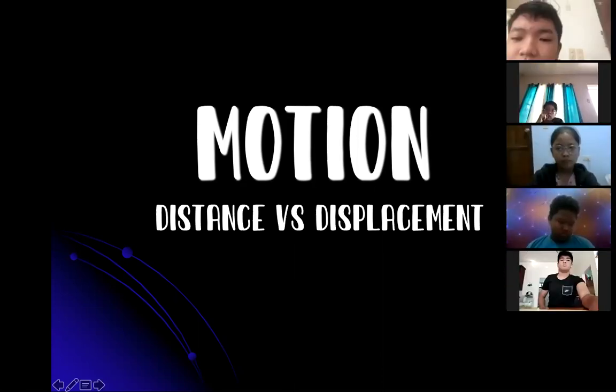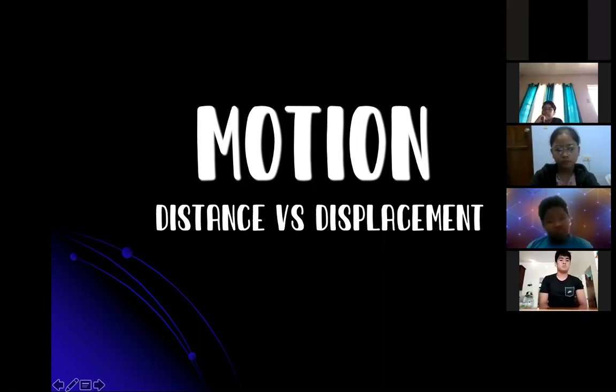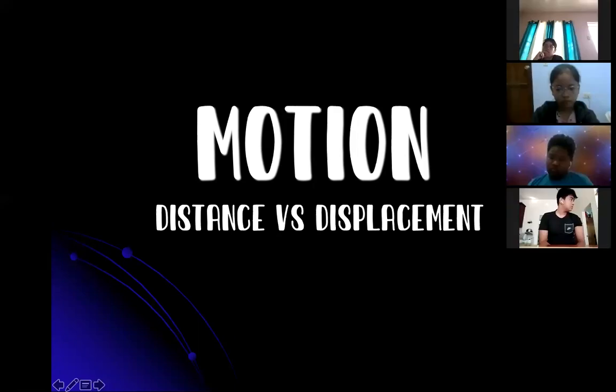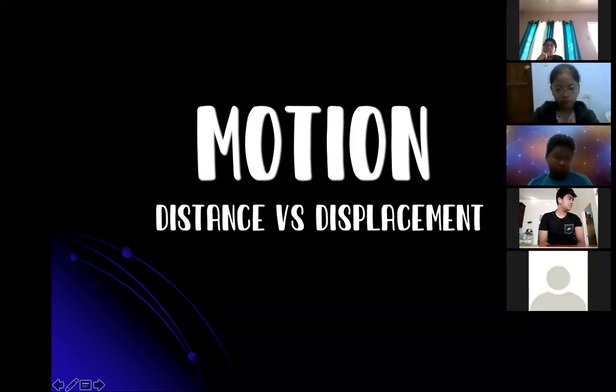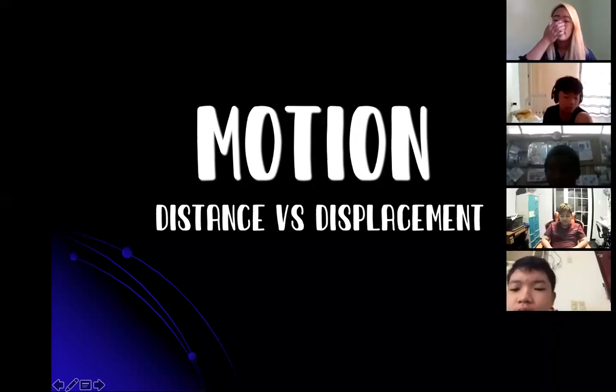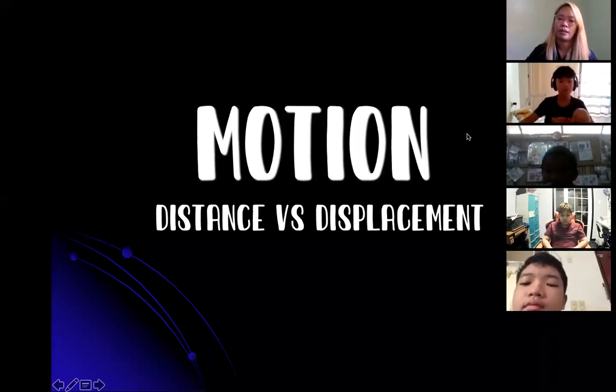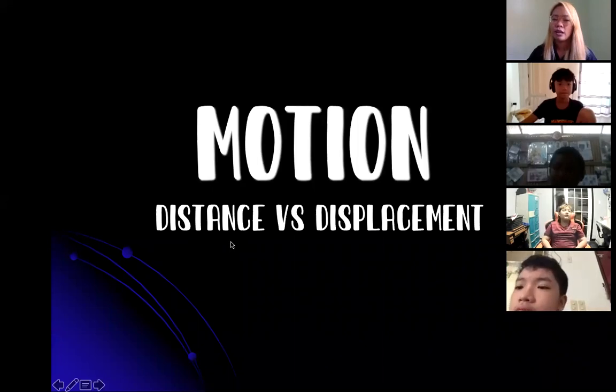So when we say motion, of course, it's related to the idea of movement, of changing from one place to another place, the difference between the initial location or the starting point and the final location, or your endpoint location. Specifically for today, what we will learn about is the difference between distance and displacement.